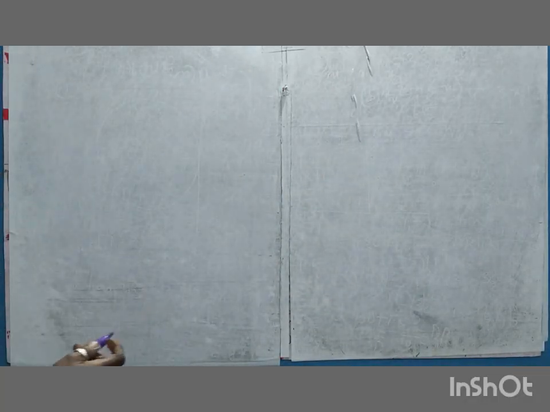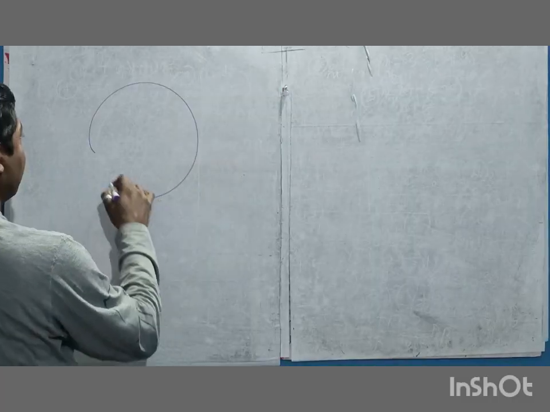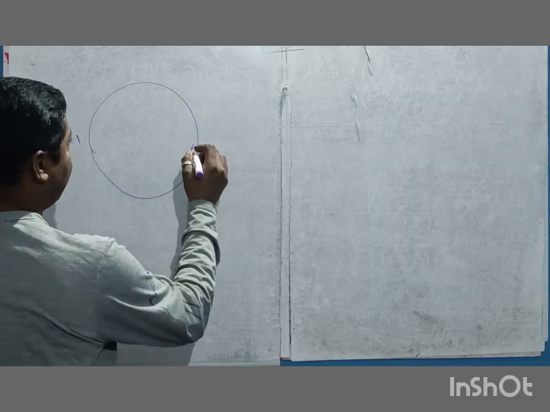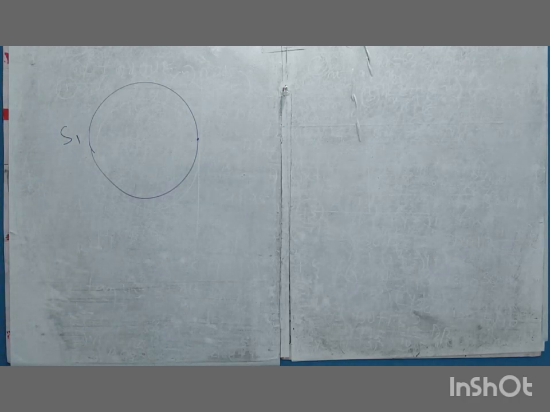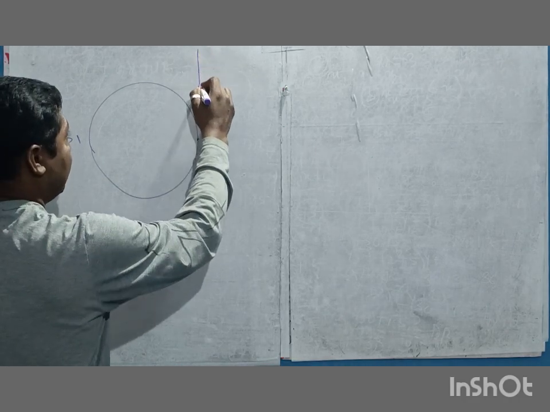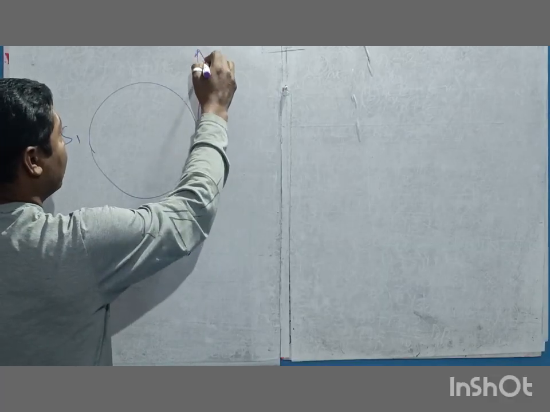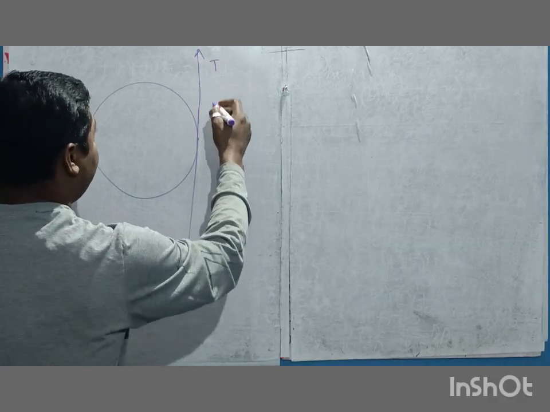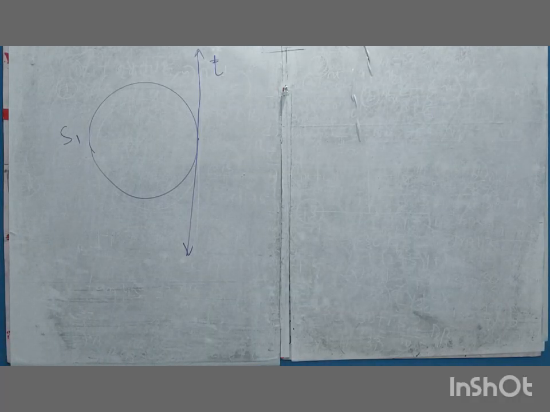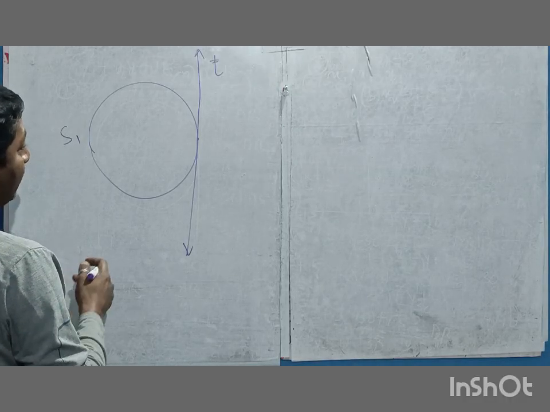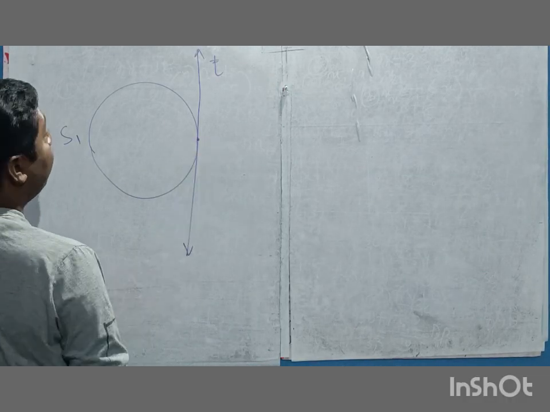So, what is the theorem? The tangent at any point of a circle. Suppose this is a circle S1. Suppose this is the point where I draw a tangent T, having one common point between the circle and the tangent. It is perpendicular to the radius through the point of contact.